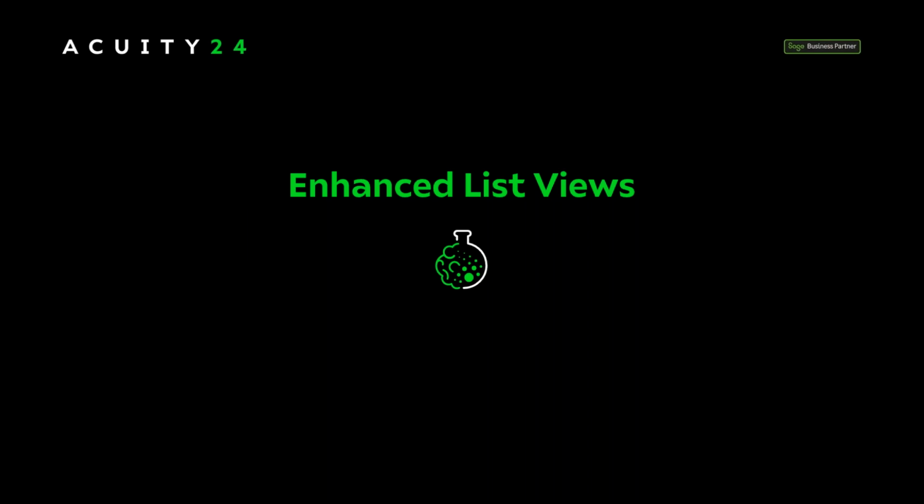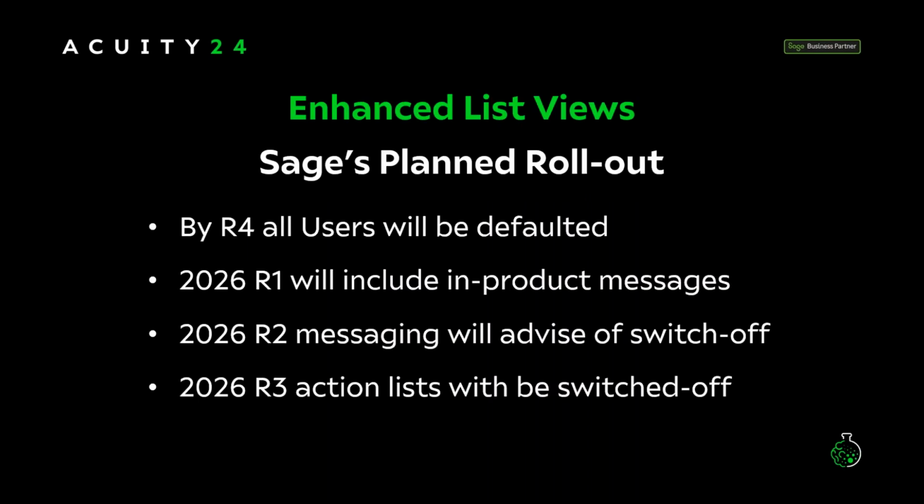And you may have noticed how Sage have started replacing some of the default views in some areas of the system. That's because Sage's plan is as follows. By release 4, which is, as you may recall from my earlier slide, on or around the 7th of November, all user list views will be defaulted to the new enhanced view.